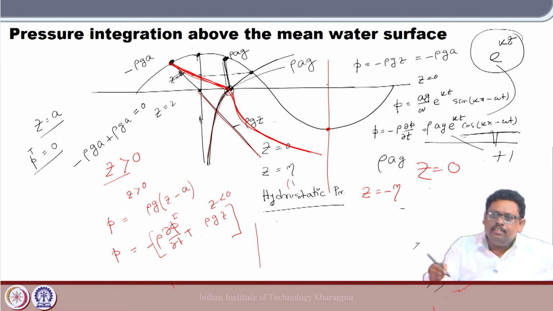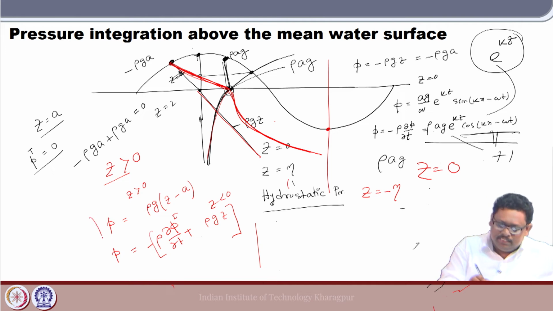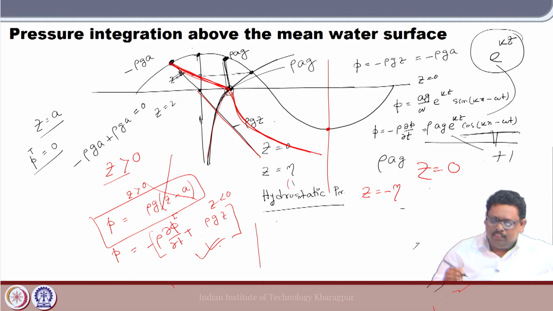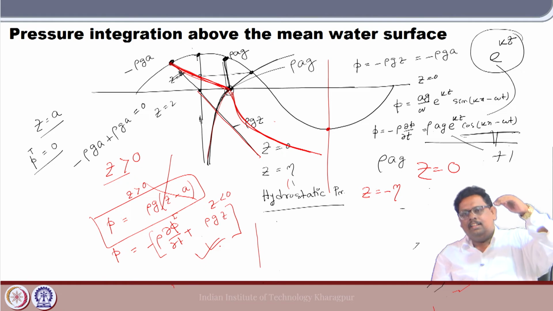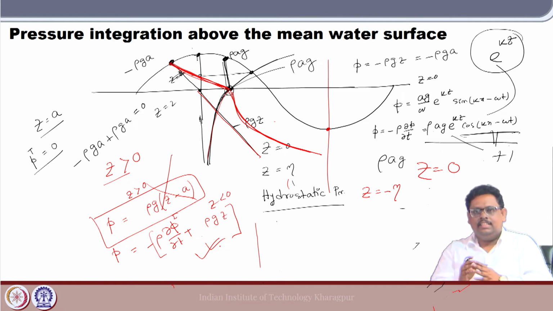However, in the hydrostatic approach, below z equal to 0 we do not use this upper part; we can only use the lower part. Here is the difference between the hydrostatic approach and the stretching algorithm. In the stretching algorithm, we assume that what is happening at z equal to 0 is also happening at z equal to minus eta. So if you apply the stretching algorithm, it is consistent at the crest and at the trough.